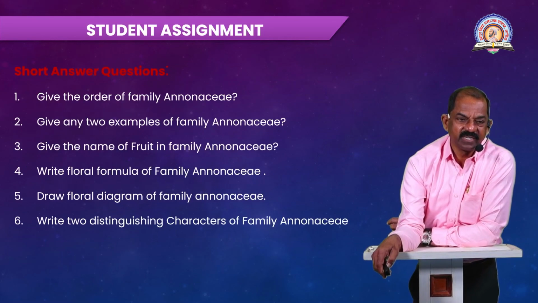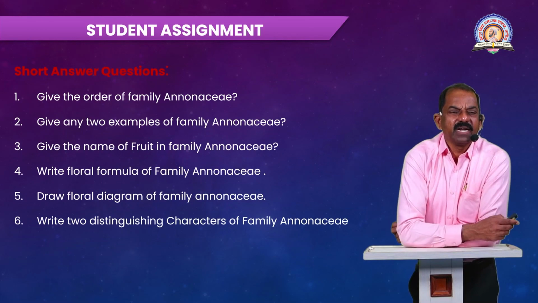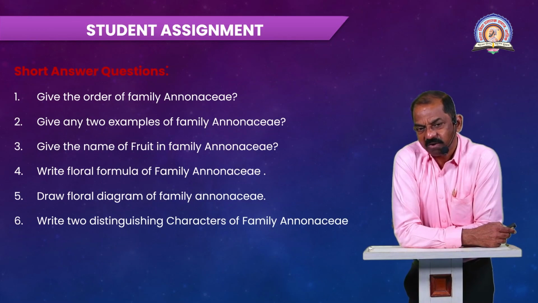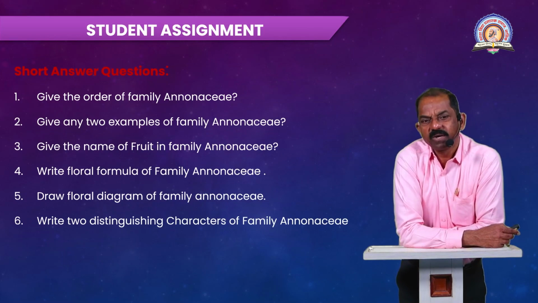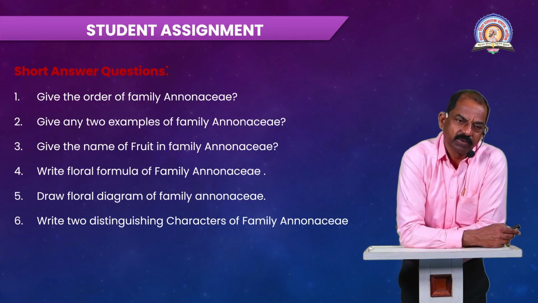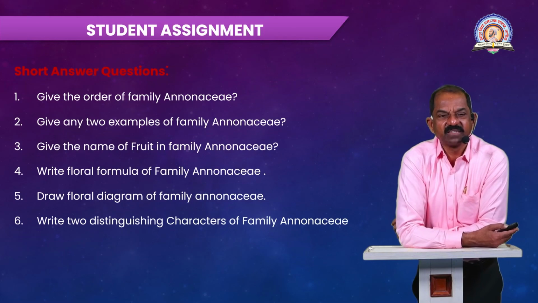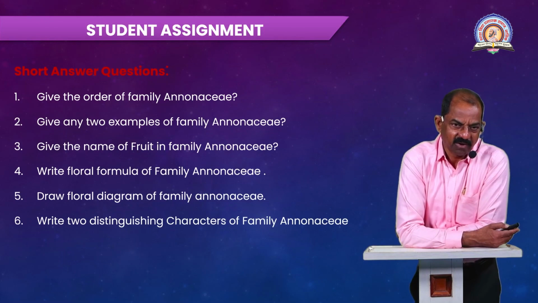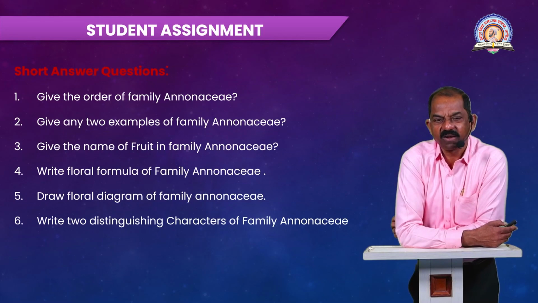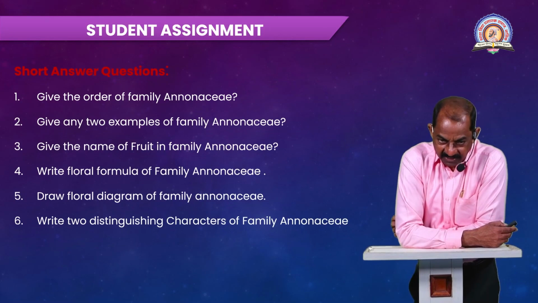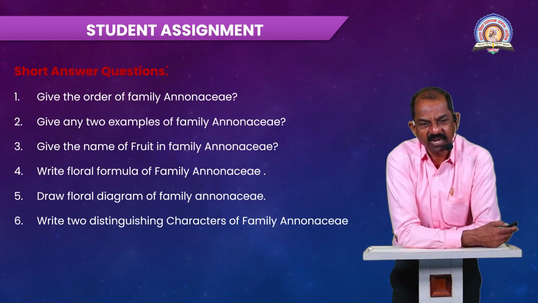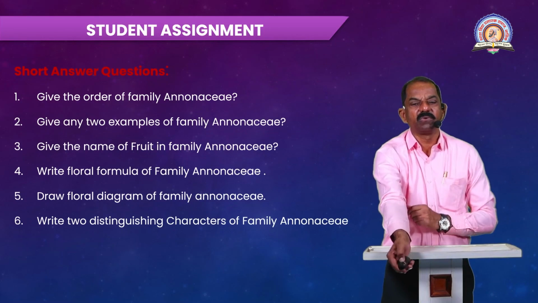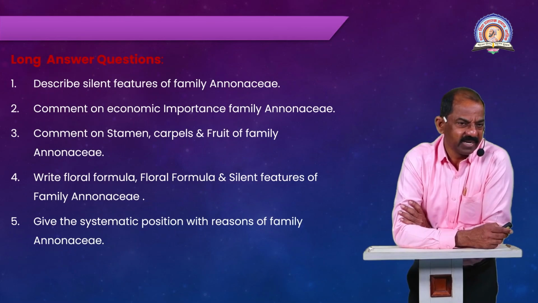So friends, from this topic, short note questions are generally asked from the examination point of view. There are a few short questions carrying 1 mark each, such as the order of the family Anonaceae, examples, the type of fruit, the floral formula or floral diagram, or a few distinguishing characters.